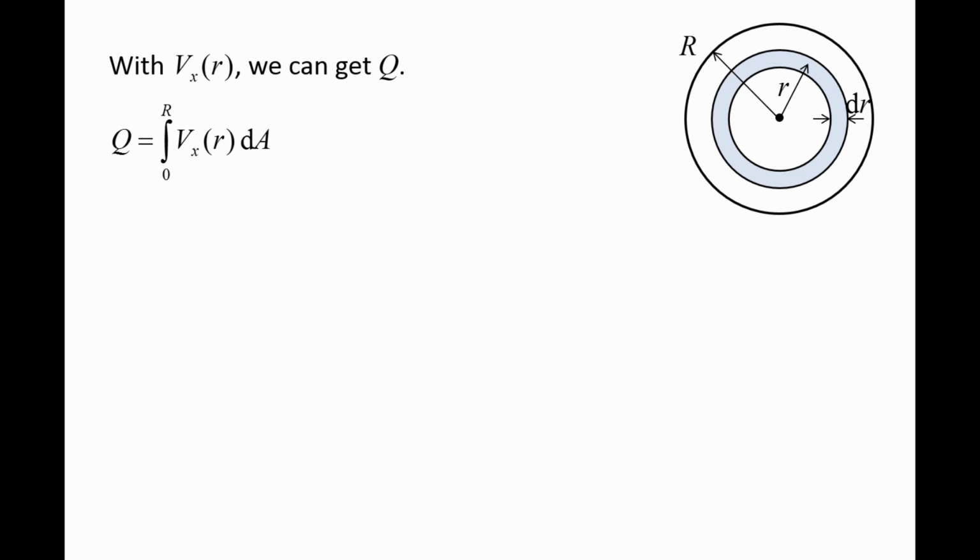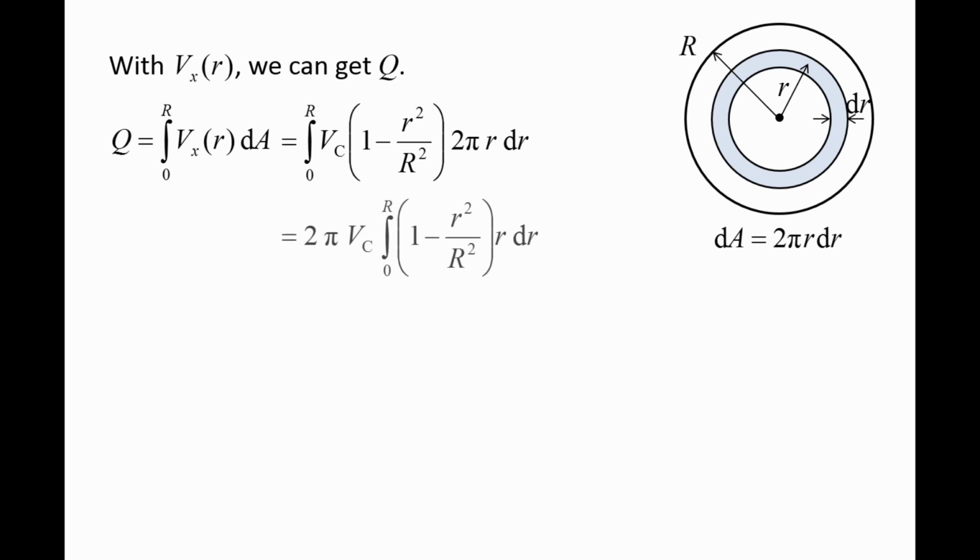The small area dA is the area of a thin annular strip of thickness dr. This strip is a distance lowercase r from the center of the pipe. This means the area of the strip is a circumference 2 pi r times thickness dr. Plug in the expressions for Vx and dA into the integral, and remove 2 pi Vc out of the integral because they are constant. After evaluating the remaining integral, we have Vc over 2 times pi capital R squared.